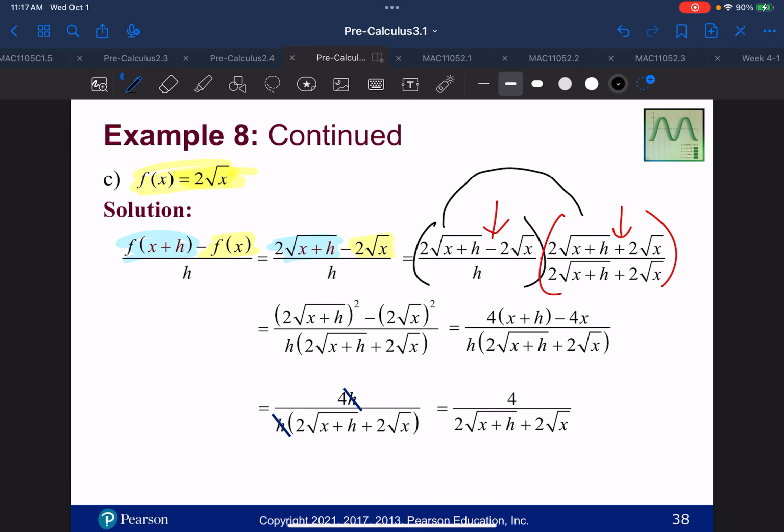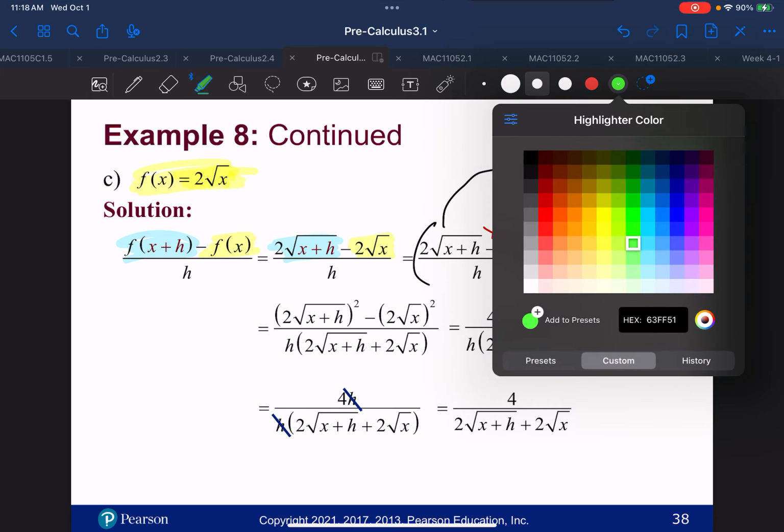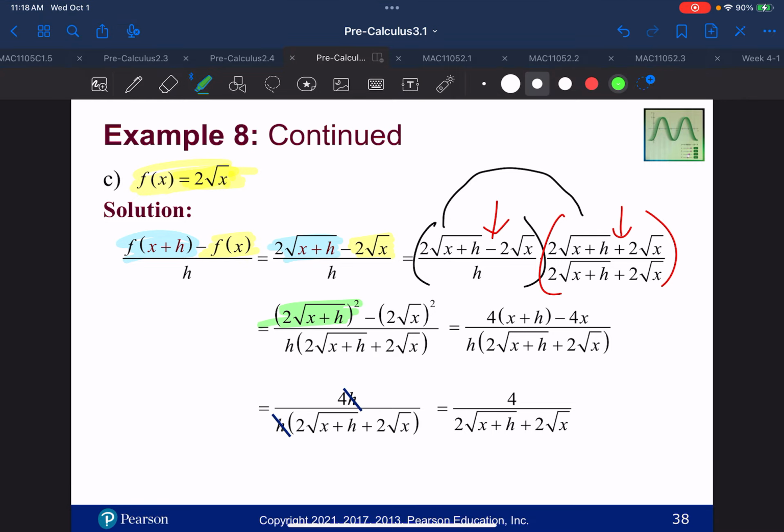And so you'll have to do the 2 square root of x plus h times 2 square root of x plus h. And that will give us, use a different color here, that will give us 4 times x plus h, if you FOIL that out.